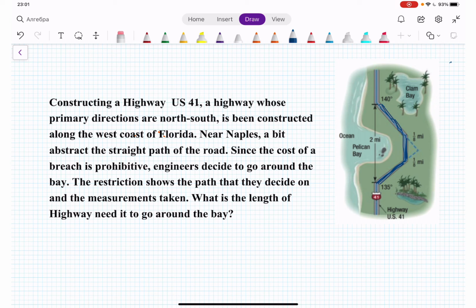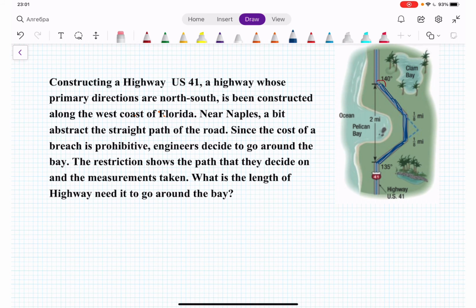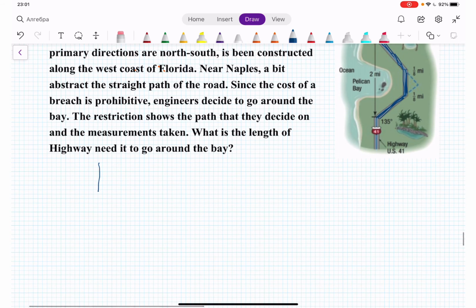Okay, let's see, what do we have? First of all, here we have angle 140, right? This is 140. Let me draw one here. So this is the road. This is coming here, the water. Okay, and then again road. So this piece from here to here is 2 miles.